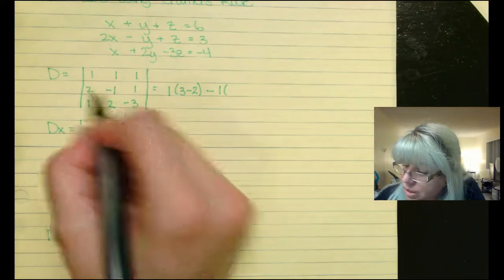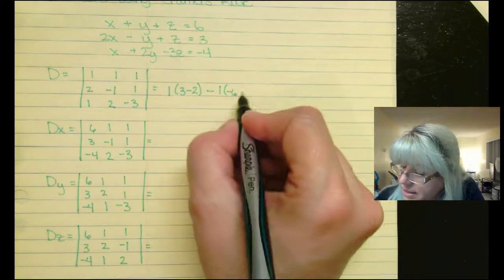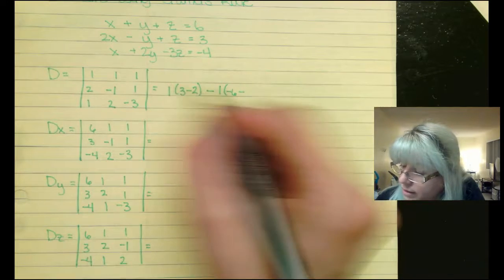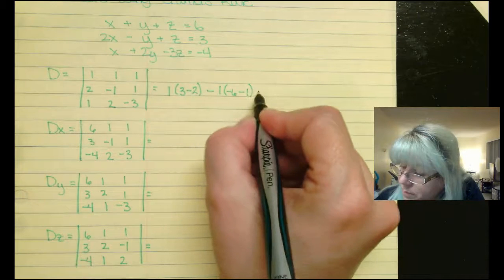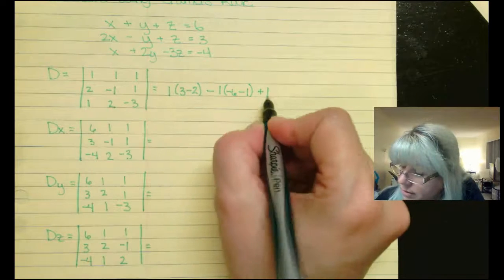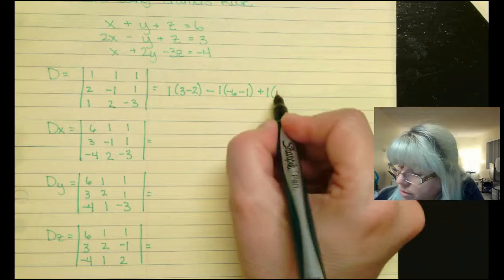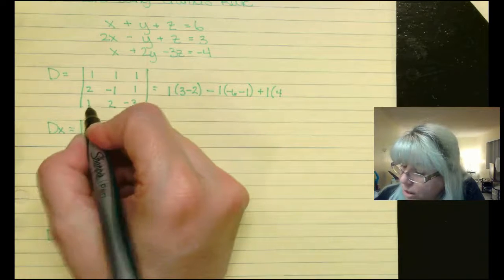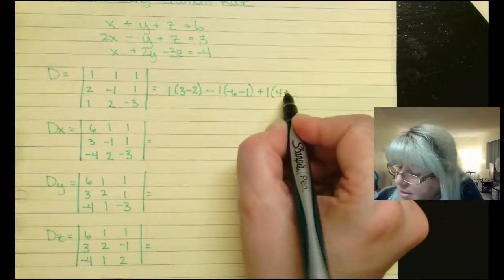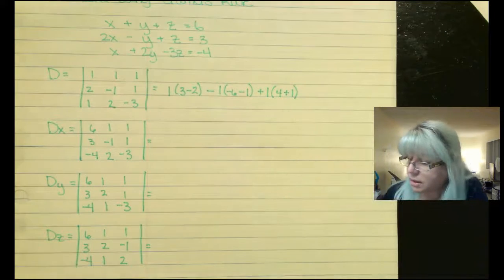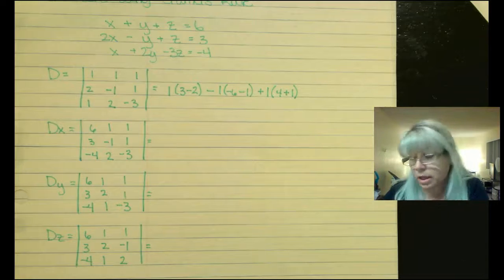That leaves 2 times negative 3 is negative 6, minus 1 times 1 is 1, plus 1 times 2 times 2 is 4, minus 1 times negative 1 is positive 1. Okay. So far so good, I hope.